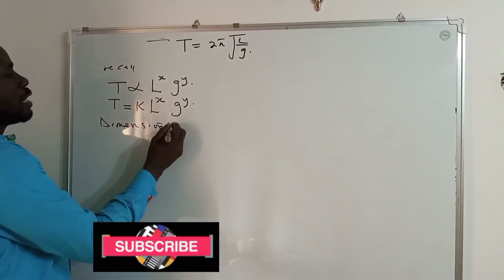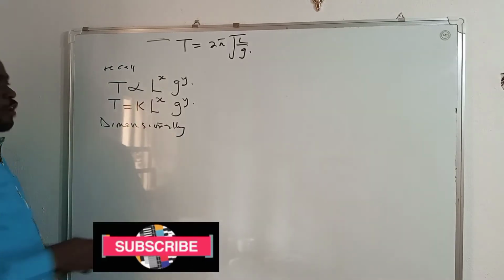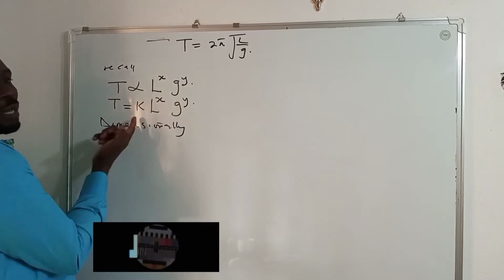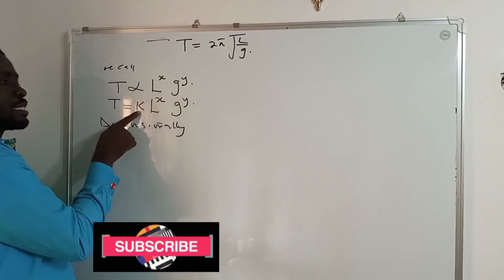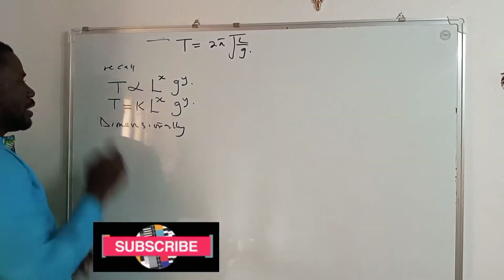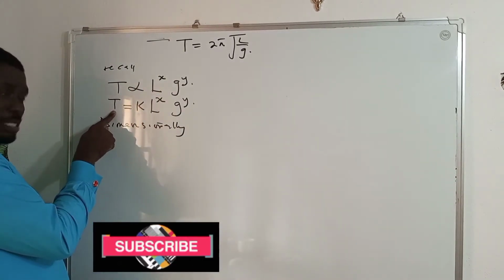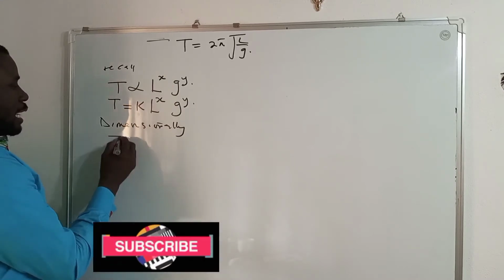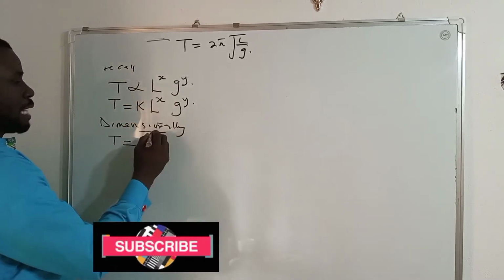Dimensionally here means that we want to look for the dimension of each of these quantities that make up this formula. Now you know that k is a constant, so it doesn't have dimension, from what I've given you earlier. But T is a period, of course. Period refers to time, and I told you earlier that time has a dimension capital T.